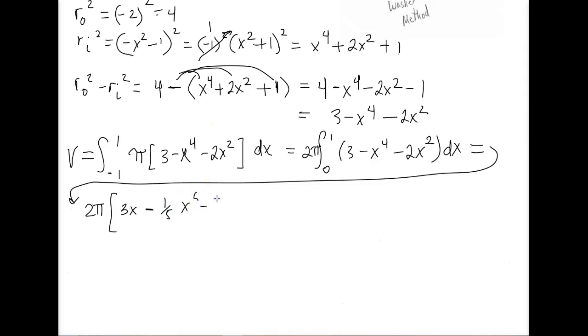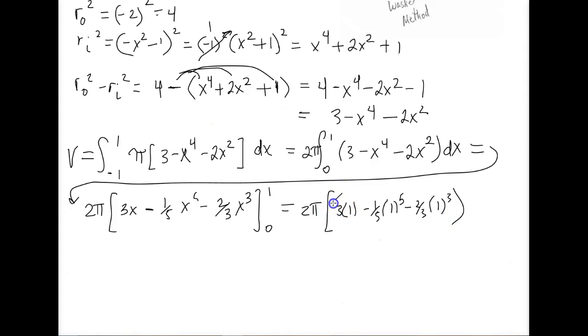And antiderivative of 2x squared is just 2/3 x cubed. Evaluate that from 0 to 1. And of course, plug in 1 for x. And minus, plug in 0 for x, and everything goes to 0 there.